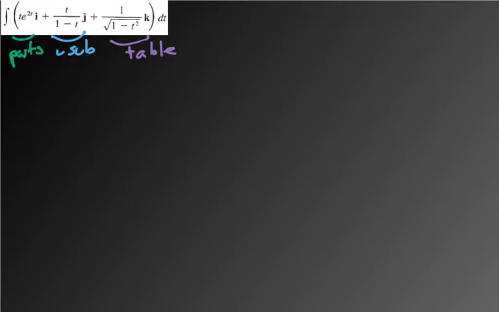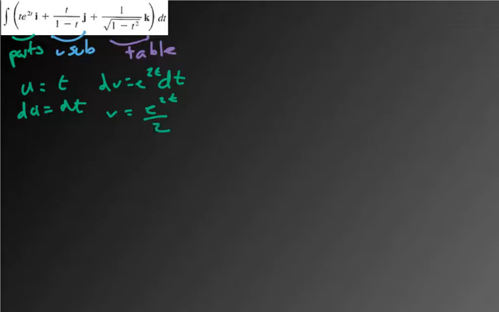But if you do parts, you can kill off the t, the polynomial part, with the derivative, and that's what's really going to dictate my u. So I'm going to let u be t, then du is dt, then dv is everything else, so e to the 2t dt, and then for integrals of e to constant times t, you can just divide by that constant.